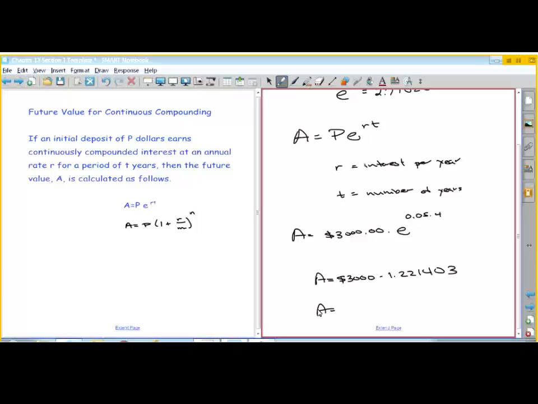And if I multiply that out times 3,000, I'll get $3,664.21.